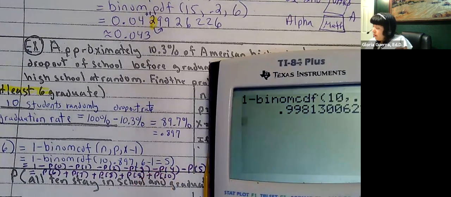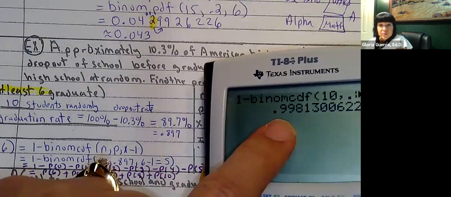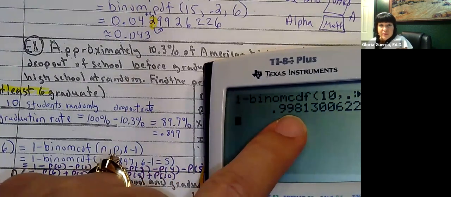And then you would round that to the nearest thousandth. So that'd be 0.998. Okay.